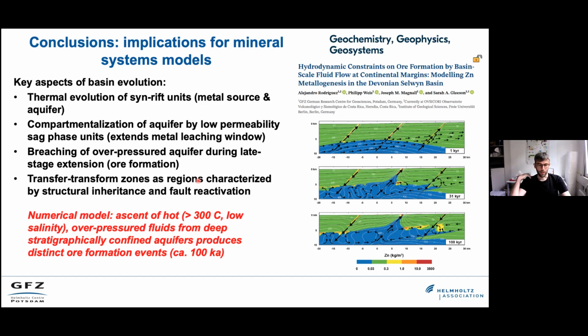So overall, I hope I've shown you how different aspects of basin evolution, in particular the structures and heat anomalies associated with lower plate boundaries along hyperextended margins, could be important features of the mineral systems model for CD type deposits, at least in the Selwyn Basin.